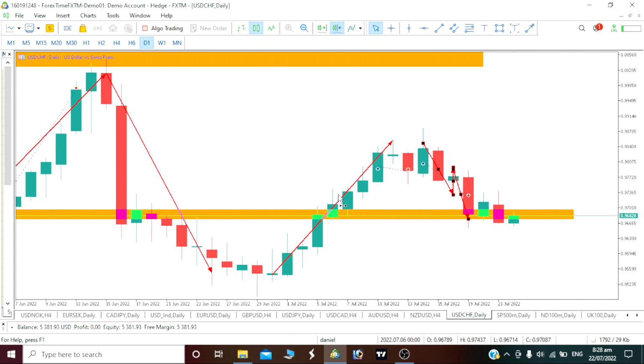Then a retracement, and now an impulse move breaking below it. But now we are starting to have a retracement. Once we have that little retracement, I believe we would have another impulse move downward. So we should be aiming for a short on our USD Swiss franc.